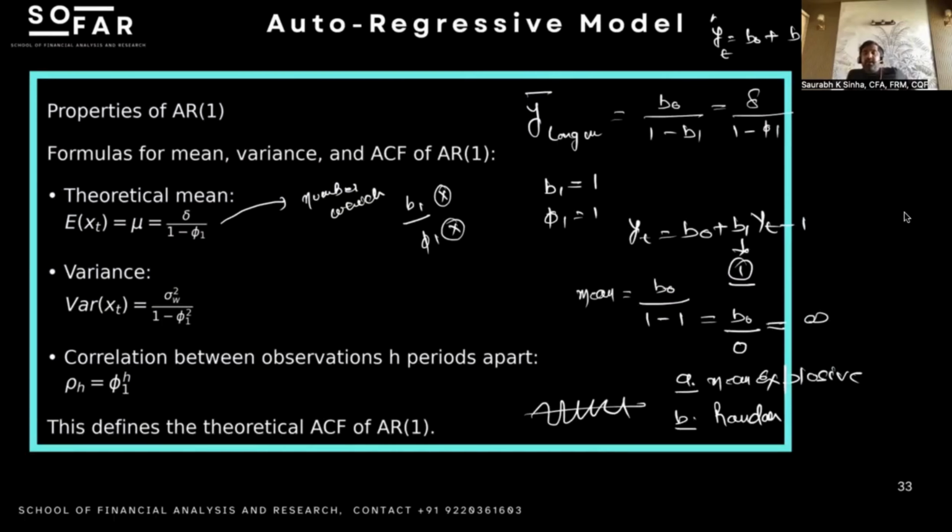You're saying y t equals beta naught plus b1 y t minus 1, and you're saying b1 is equal to 1. If b1 is equal to 1, then the mean will come infinite. If the mean is infinite, then it is mean explosive or mean fleeing. Mean explosive or explosive time series, or fleeing time series, or should you call it a completely random time series?